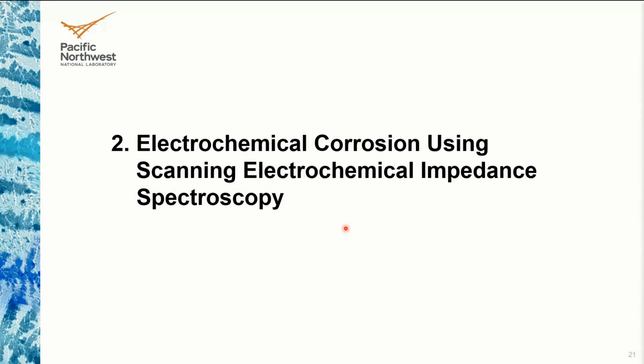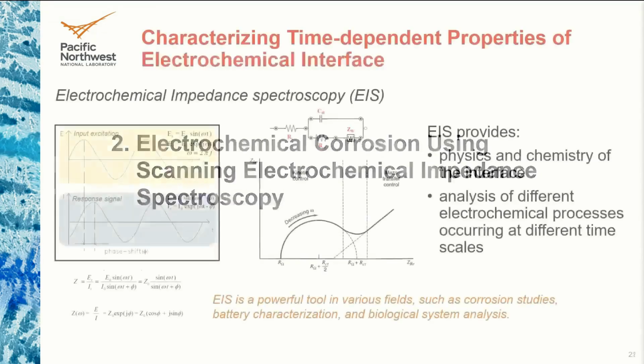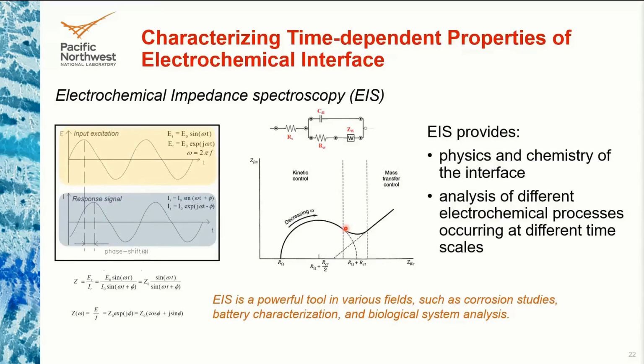scanning electrochemical cell microscopy with impedance spectroscopy. So why impedance? Electrochemical impedance spectroscopy is a unique AC-based technique employed as an electrochemical method. Instead of applying a linear voltage input, a sinusoidal input excitation is applied to an electrode, and the response current is monitored or measured.